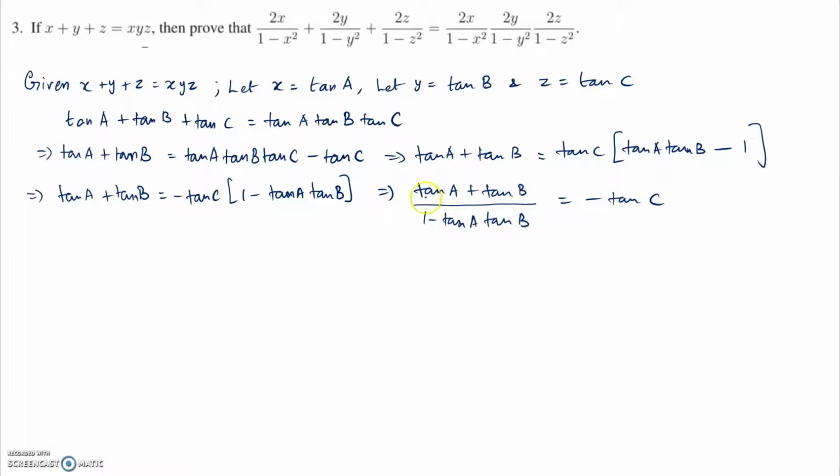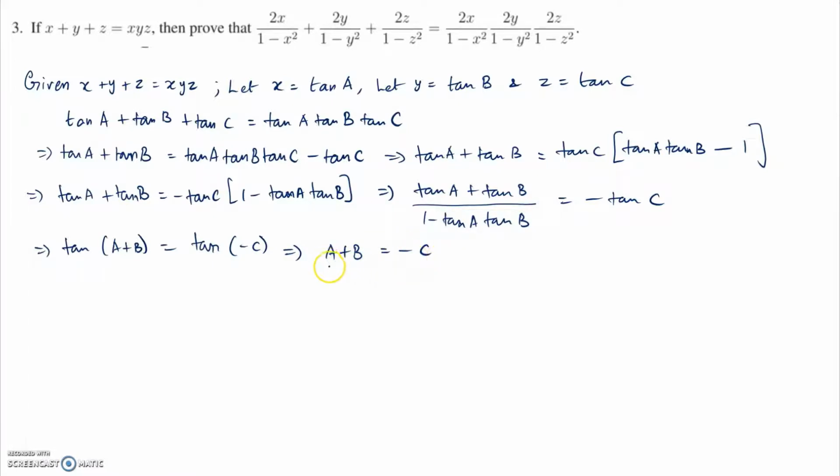Now this left hand side expression is the same as tan of a plus b. So this becomes tan of a plus b is equal to minus tan c, which can be written as tan of minus c. So this implies that a plus b is equal to minus c.